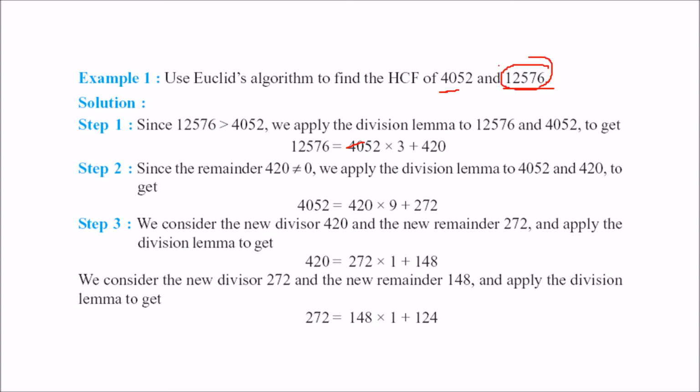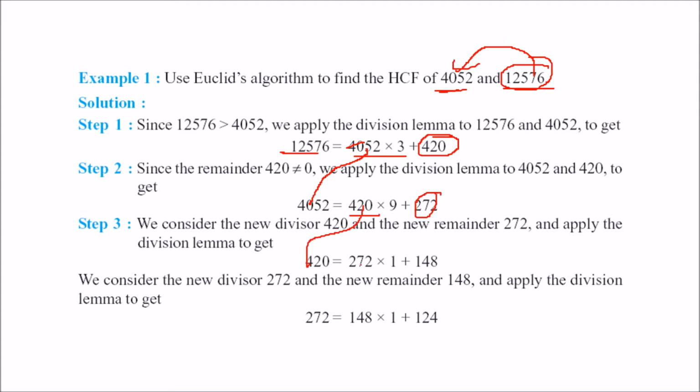Because this is the greater one, let us write it in terms of 4052. So 12576 can be written as 4052 into 3 plus 420. Now we are left with a remainder. So let us write 4052 as 420 into 9 plus 272.